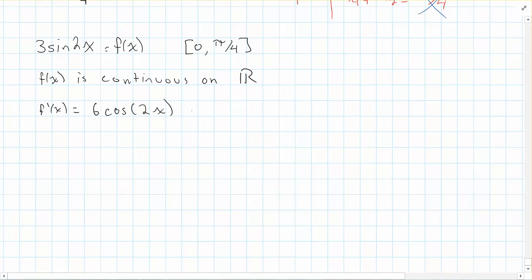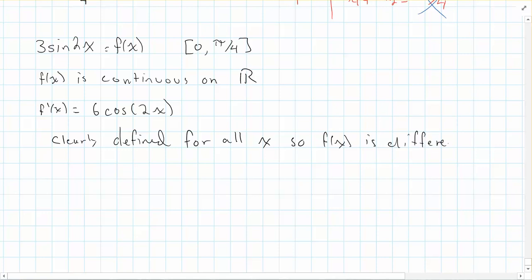And so this is clearly defined for all x, so f of x is differentiable. And you do need to write things like this on the exam, or you'll lose points on the problem.